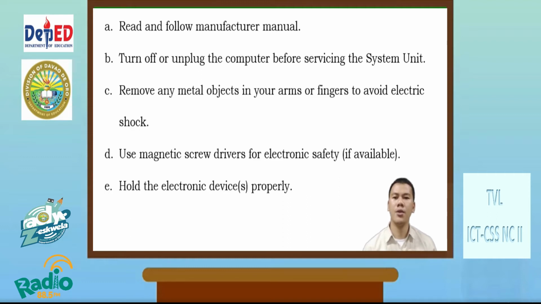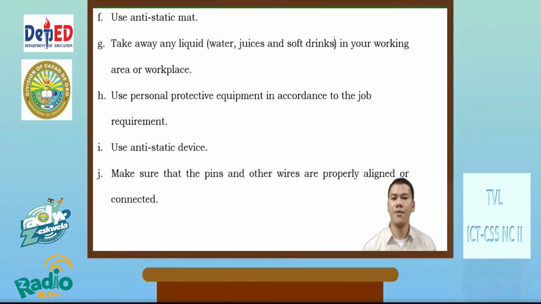D, use magnetic screwdriver for electronic safety. E, hold the electronic device or devices properly. F, use anti-static mat. G, take away any liquid like water, juices, and soft drinks in your working area or workplace.